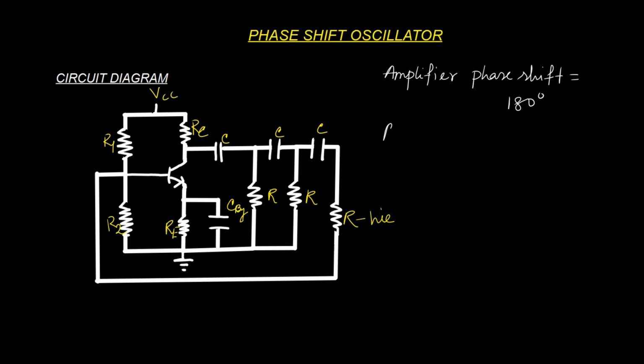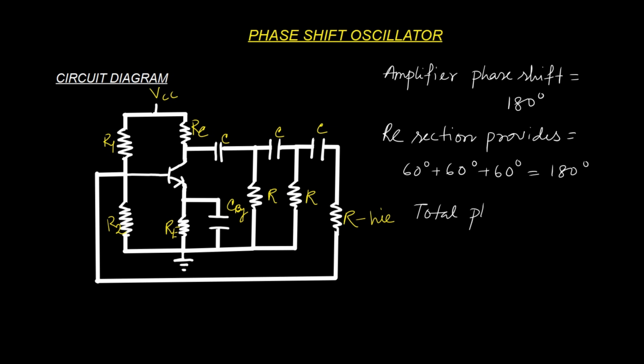So the RC sections provide 60 degrees plus 60 degrees plus 60 degrees, equal to 180 degrees phase shift, right? Therefore, adding the amplifier phase shift, we get the total phase shift equal to 360 degrees. Thus the Barkhausen phase condition is satisfied.